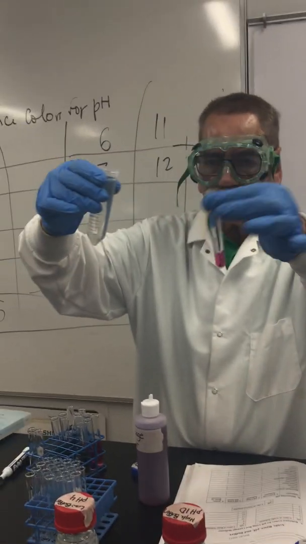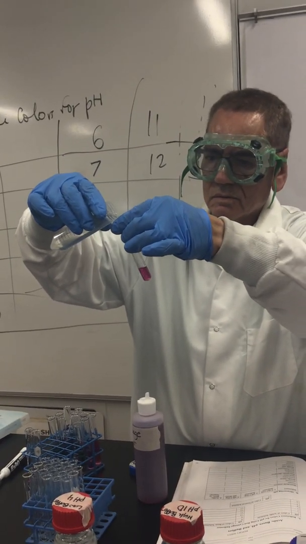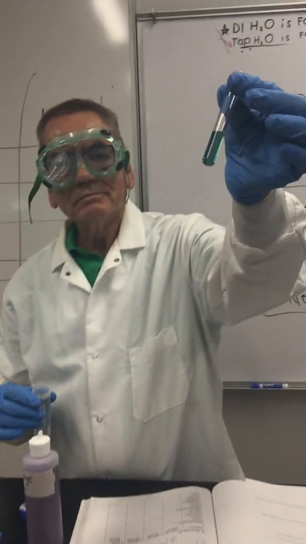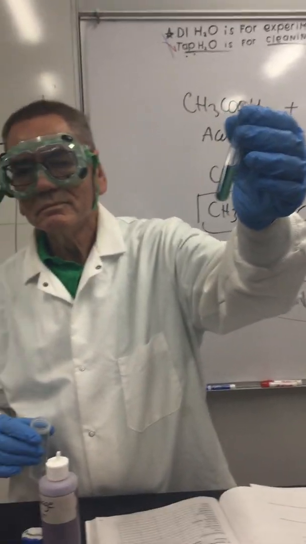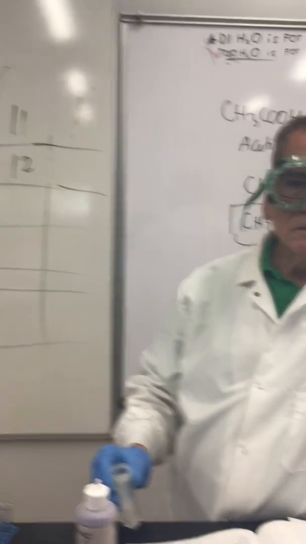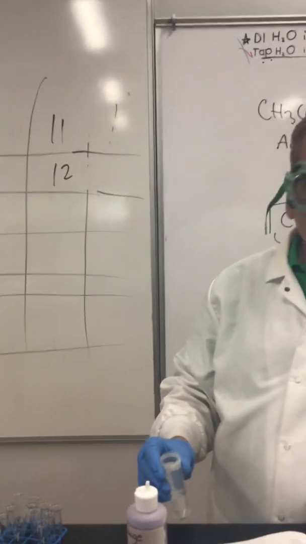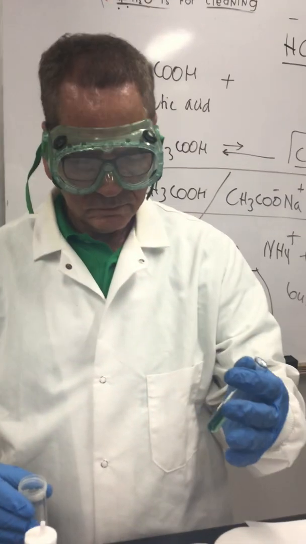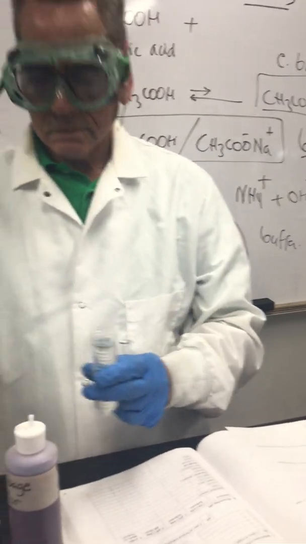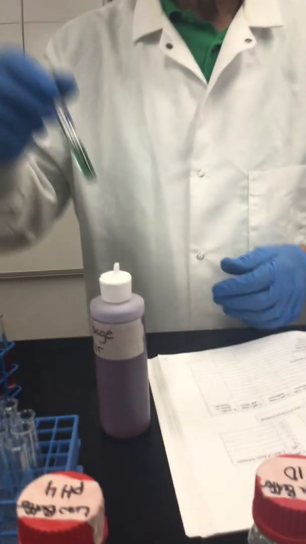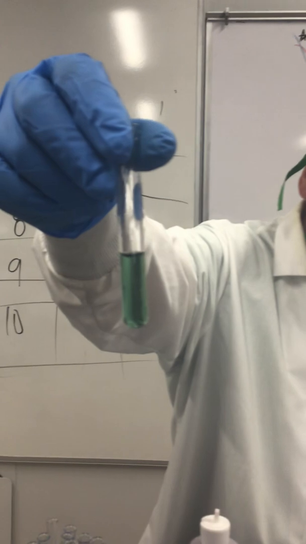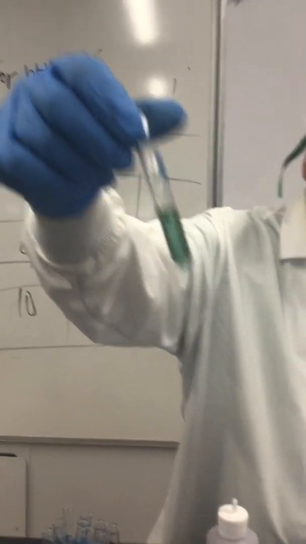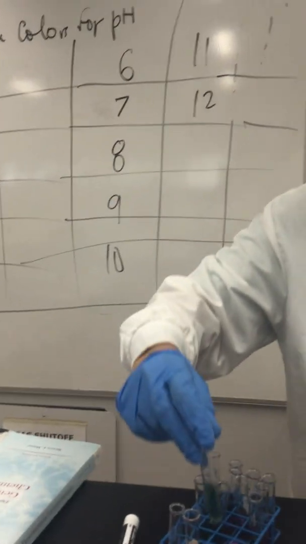This is ammonia, this is the cabbage, and let's see how it works. Bingo. We have a color, blue.